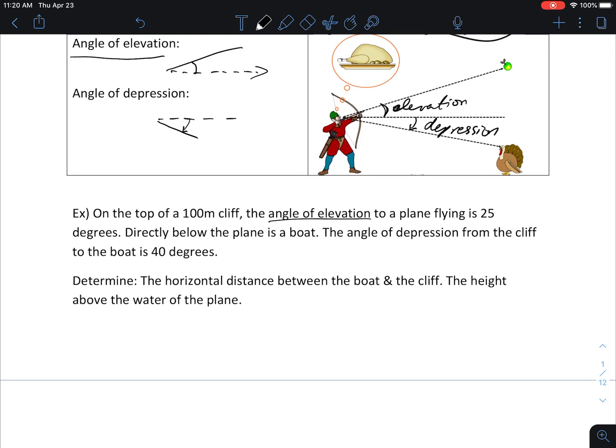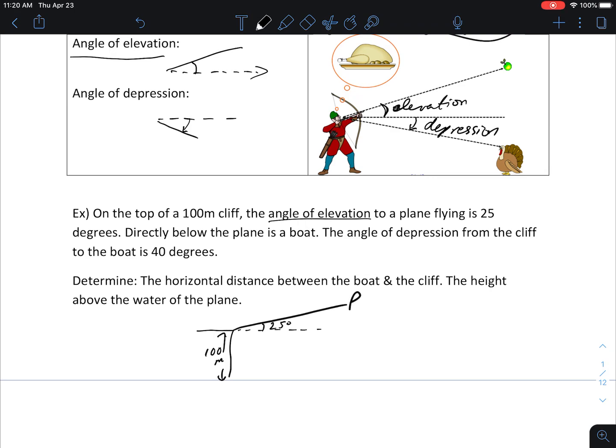All right, so here we have a little example where we're talking about angle of elevation. So we have a 100-meter cliff. So let's say that's 100 meters from there to there. And I'm going to draw a horizontal line coming out.